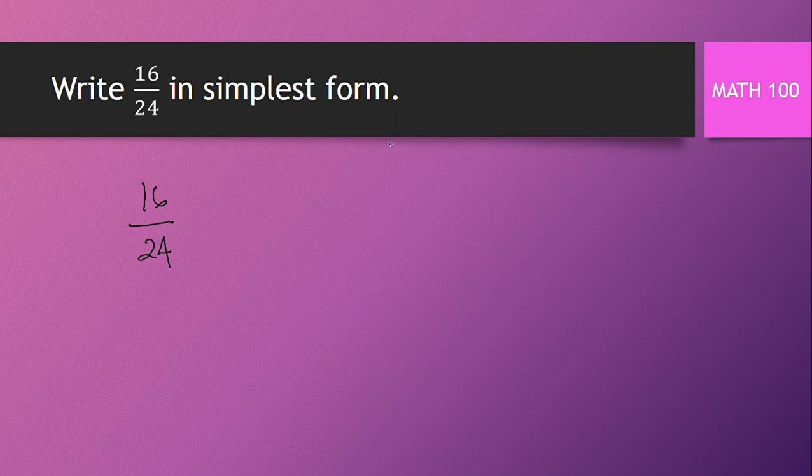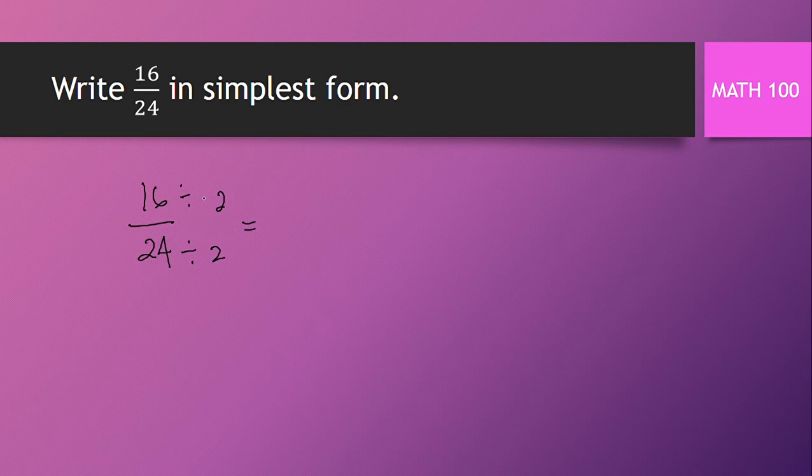Okay, let me just present the one that I mentioned, dividing this by 2 continuously until you cannot divide it by 2 anymore. So we have here 16 over 24, so we divide this by 2. If you find this very easy, then you can just use it. Anyway, this is a free country, so you can choose anything.